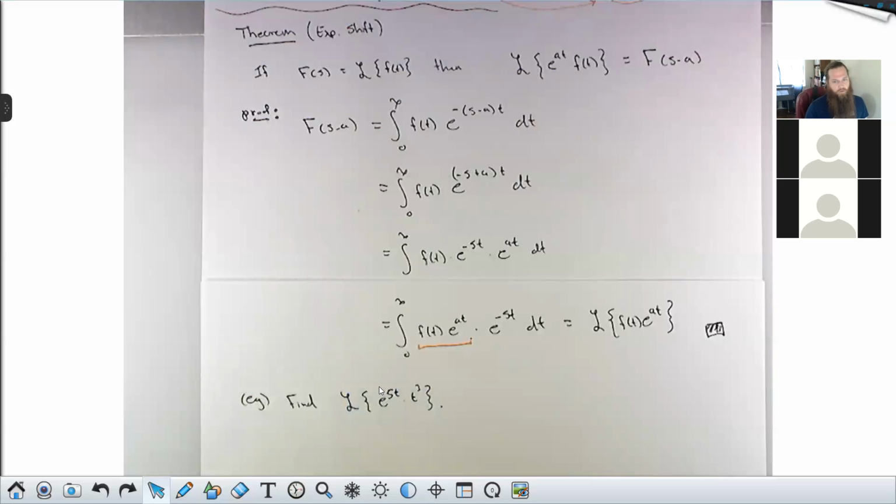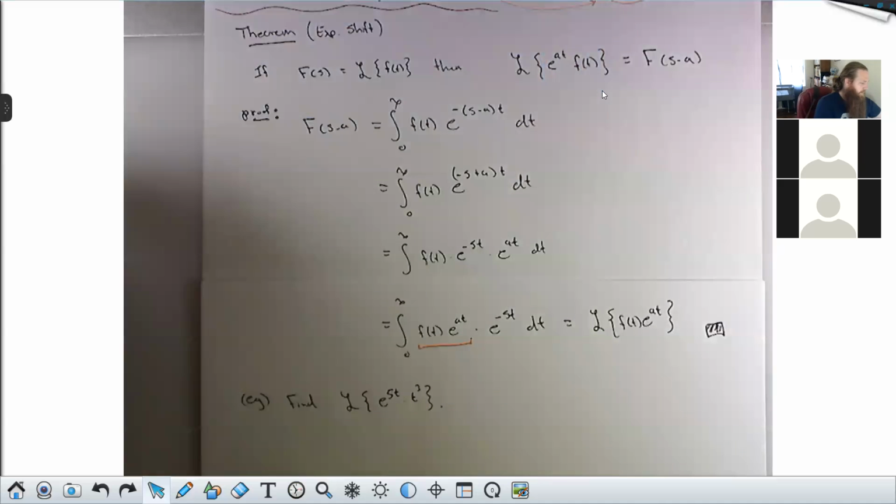It's the integral of this stuff times e to the negative st dt. But then you would need to run integration by parts 3 times to knock the power of t down. It's a tedious thing to do. It's not a pleasant calculation. So if we can somehow lean on this theorem, then that will help us a lot. And what we see is that the thing you're taking the Laplace transform of here, e to the 5t times t cubed, fits beautifully into this framework.